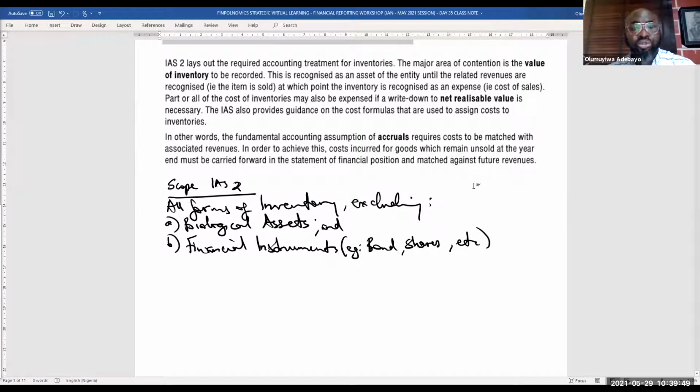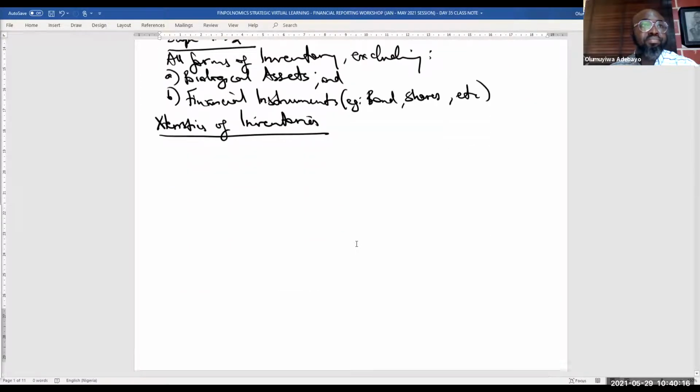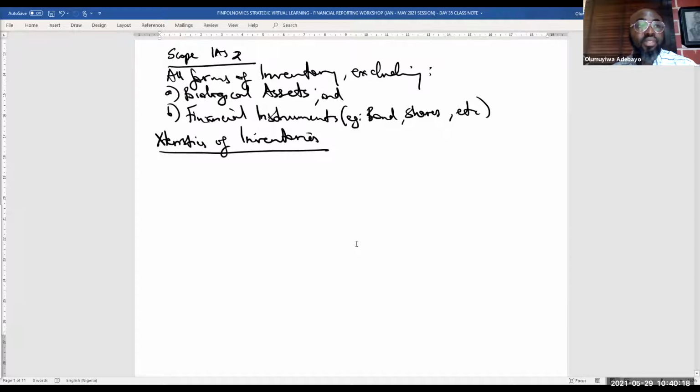Now, when we say inventory, what do we mean by inventory in the first instance? Inventory connotes that it is an asset. Attributes of inventory for the purpose of our discussion. One is that it meets the definition of an asset.